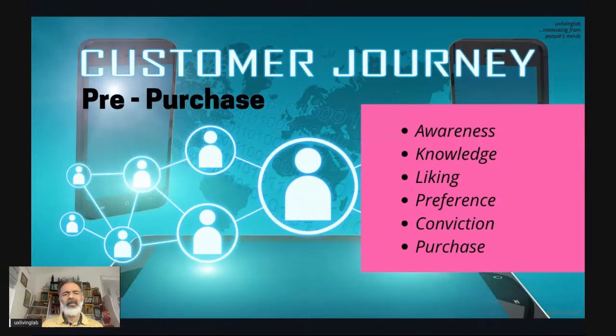The first one is awareness, then comes knowledge, learning. Because some people consider awareness and knowledge together, so better consider them separate. Awareness is, are you aware of the product; knowledge is, have you learned about that product? That is two different things actually. So taking the knowledge about the product, learning about the product, then liking.